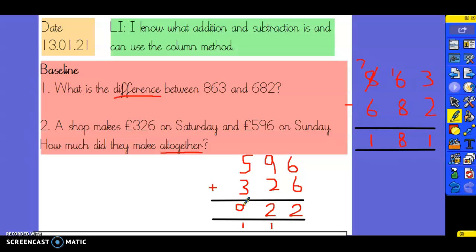So our total is £922 altogether. Well done if you got that right.